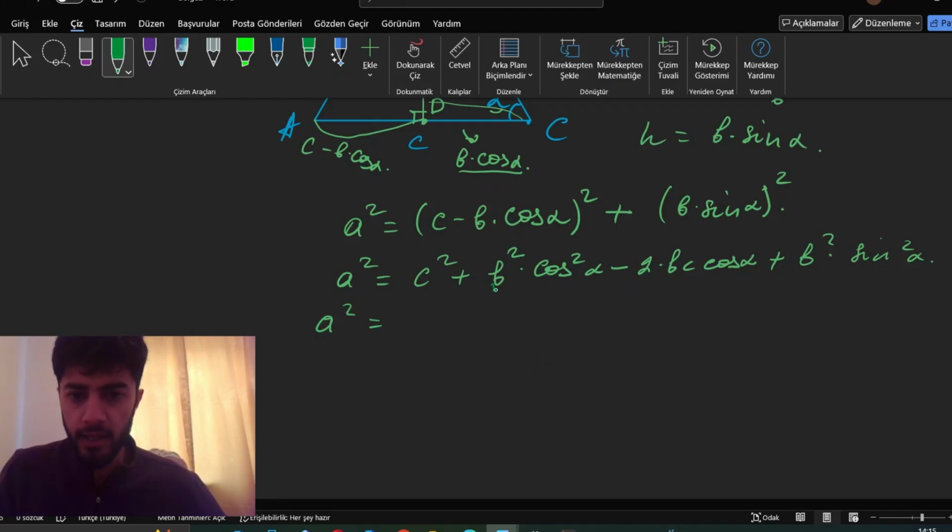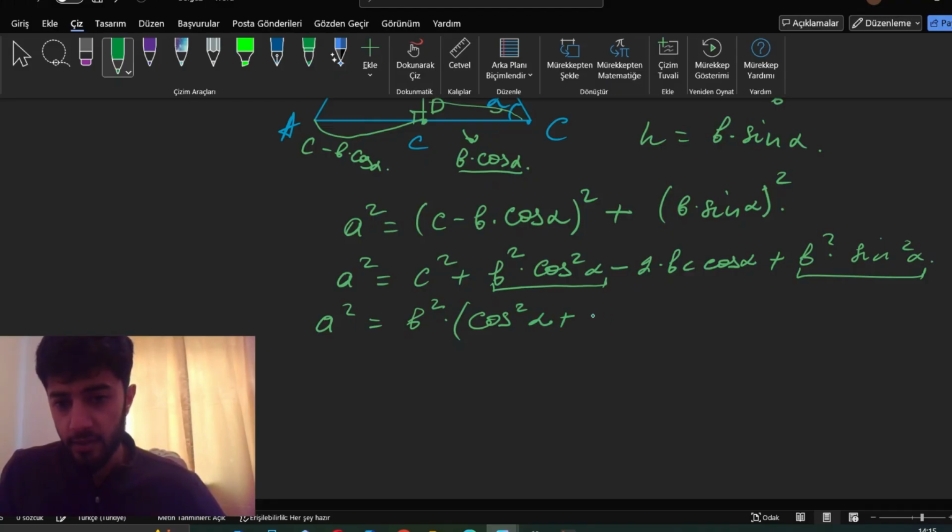What we can see here is that's the coefficient B squared, and that's the coefficient B squared here. Let's take B squared as a coefficient. What we have here is cosine squared alpha plus sine squared alpha, plus C squared minus 2 times BC times cosine alpha.